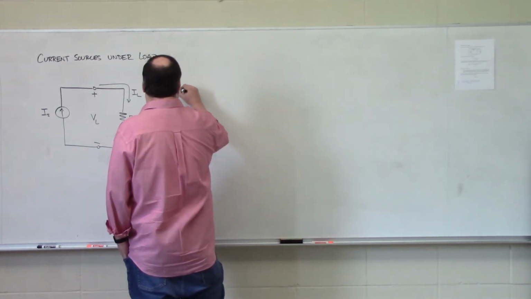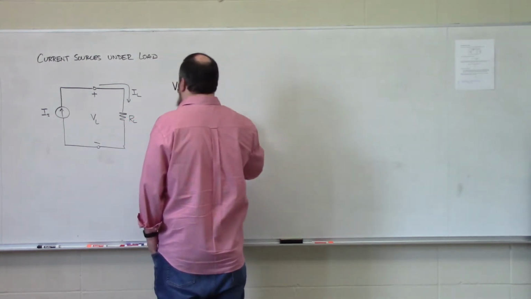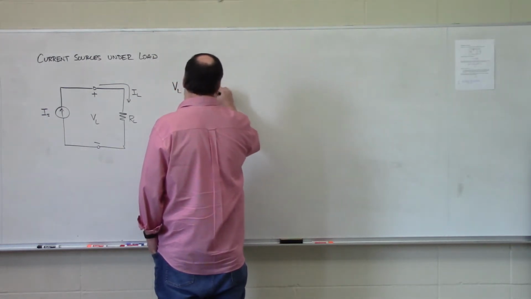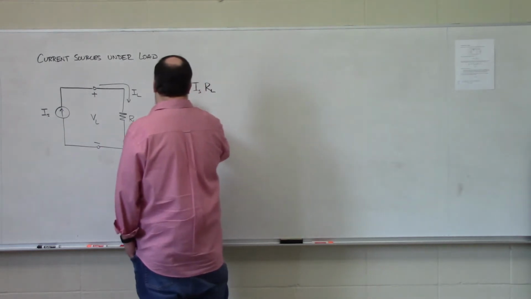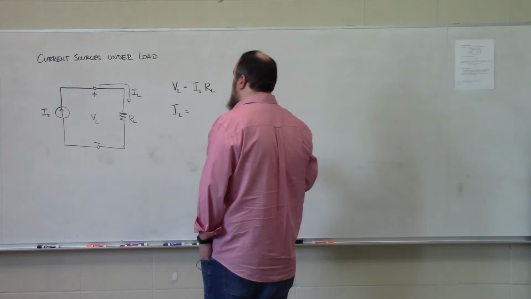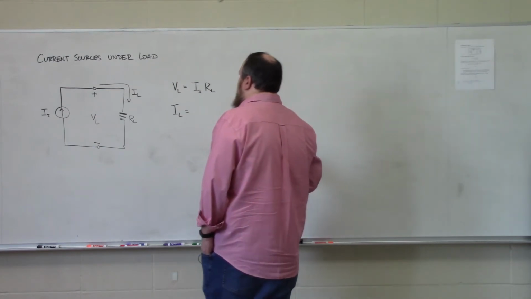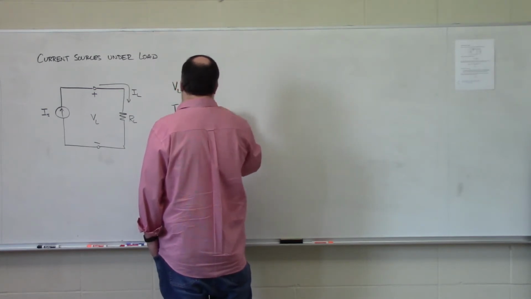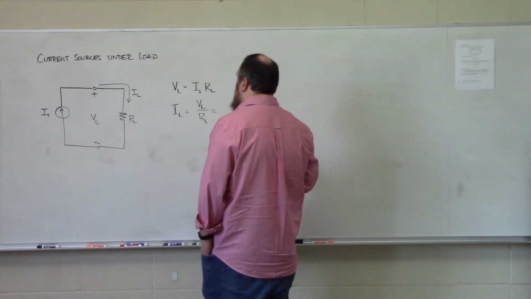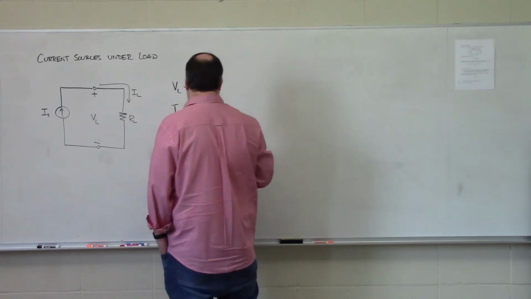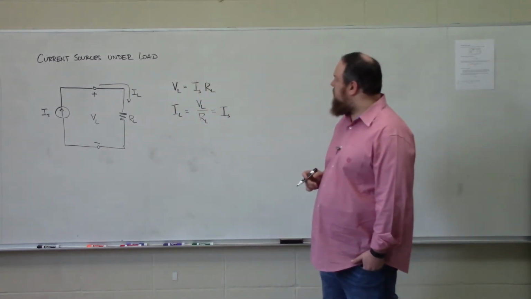So we can write some simple equations again. The voltage drop over our load resistor VL is simply IS times RL. The current flowing through our load is going to be simply VL divided by RL, which should be exactly equal to our current IS. Okay.